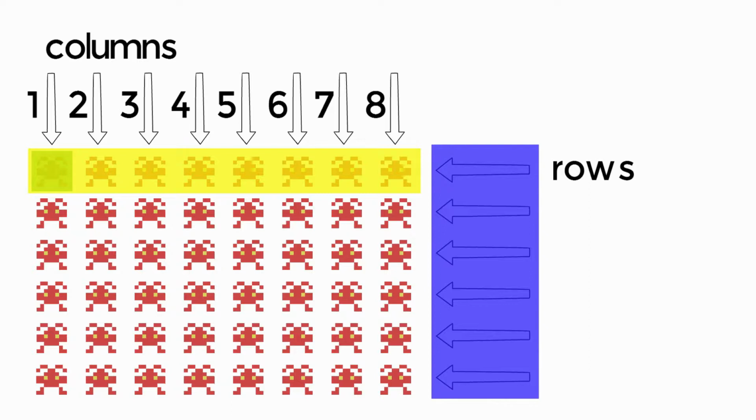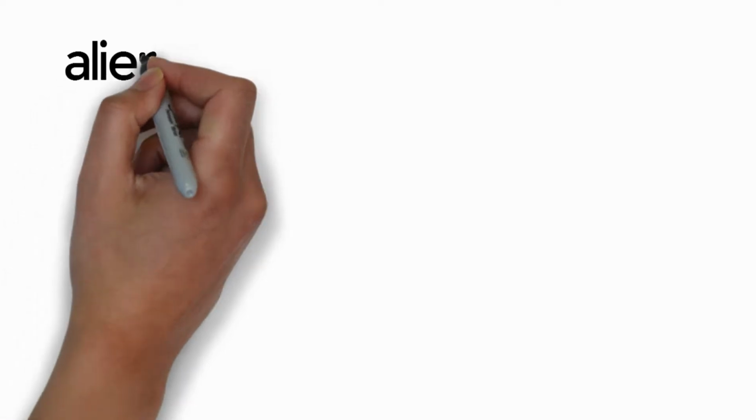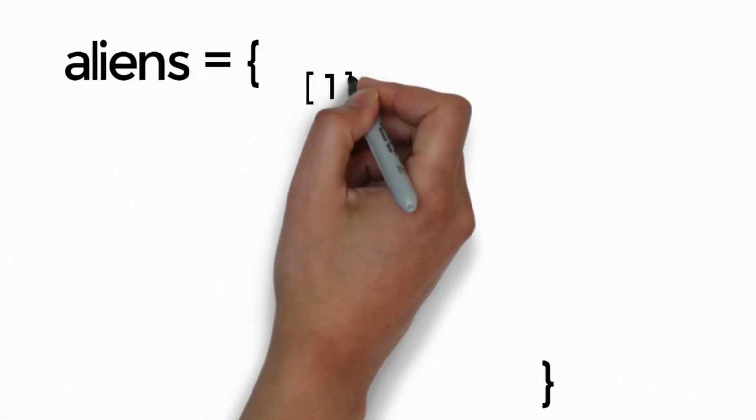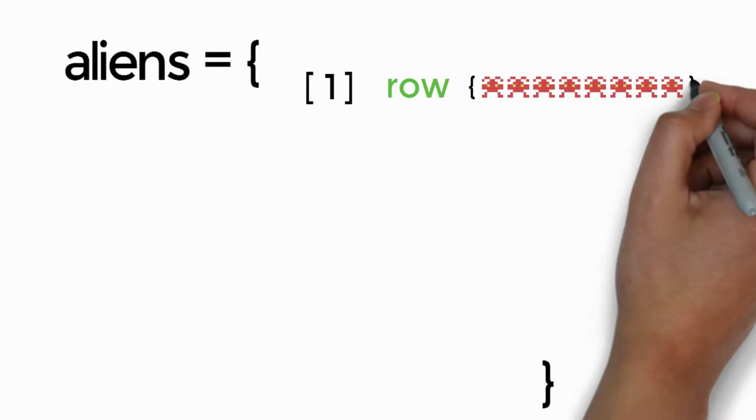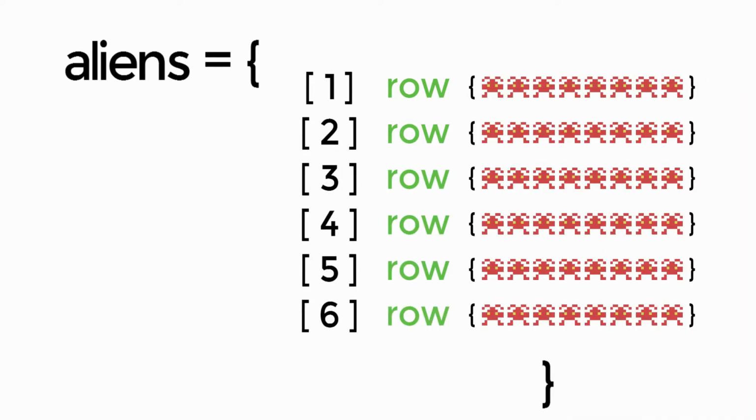So we can create an array of arrays, and that will give us our two-dimensional grid of alien objects. So our aliens array will contain 6 slots, and each of those slots or elements will be a row, which will then be its own array of 8 individual alien objects.